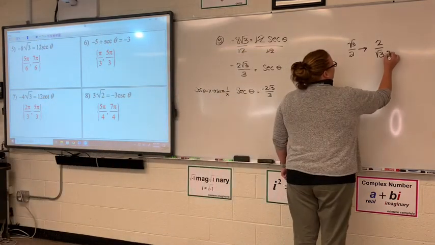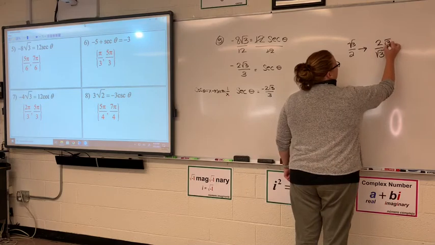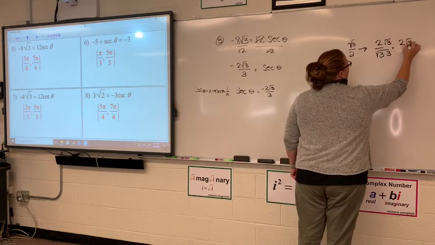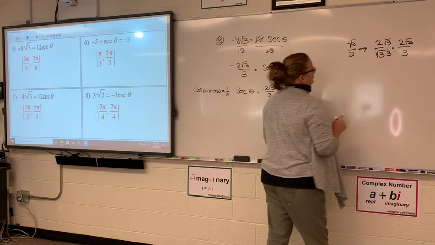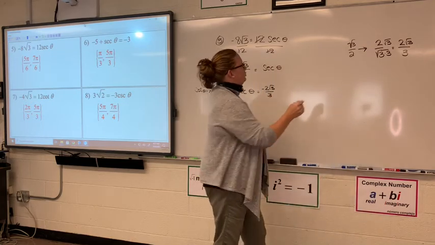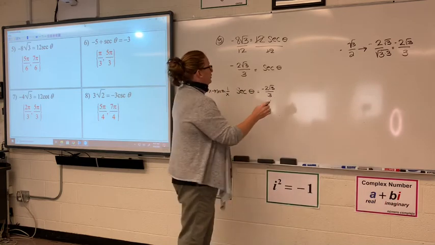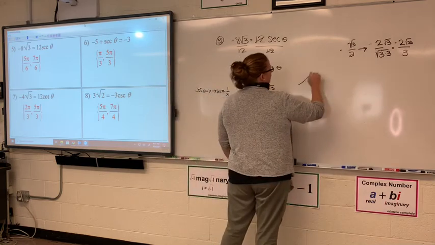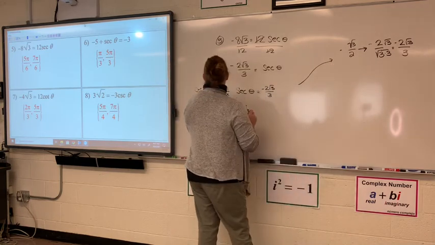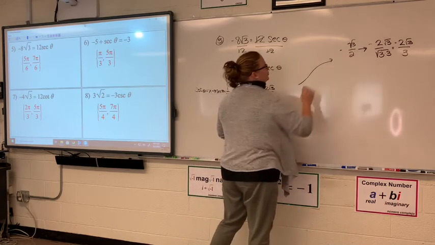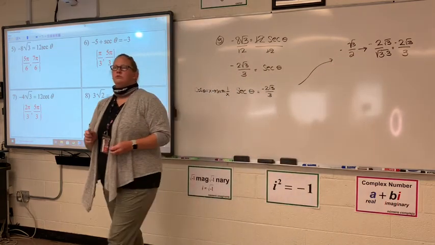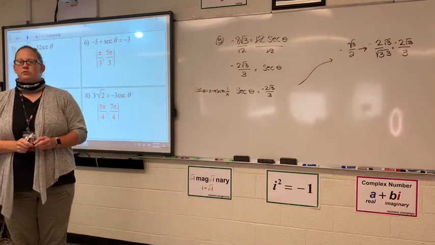So what that will give me is 2 square root of 3 over 3. So that is what I have. Of course, we want the negative version. Okay, so what I'm looking for is where my x is negative square root of 3 over 2.